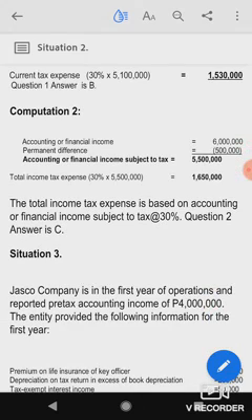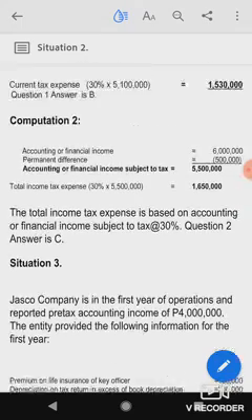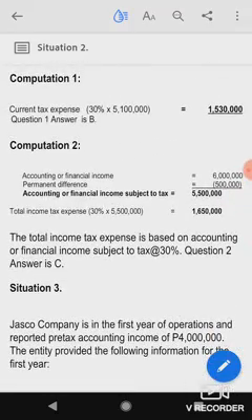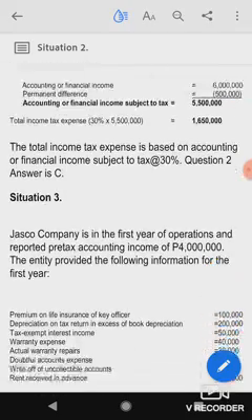The answer for question 2 is letter C, because the total income tax expense is based on accounting financial income subject to tax at 30%, and the permanent difference is deducted from that financial income declared.